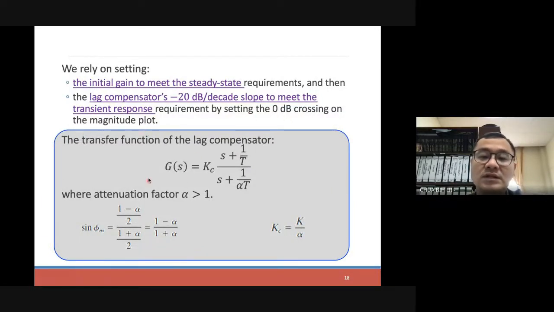If we have the transfer function of the lag compensator, when we put in all these values, we can see that the Kc value, the lag compensator gain value, is equal to K divided by the attenuation factor alpha.